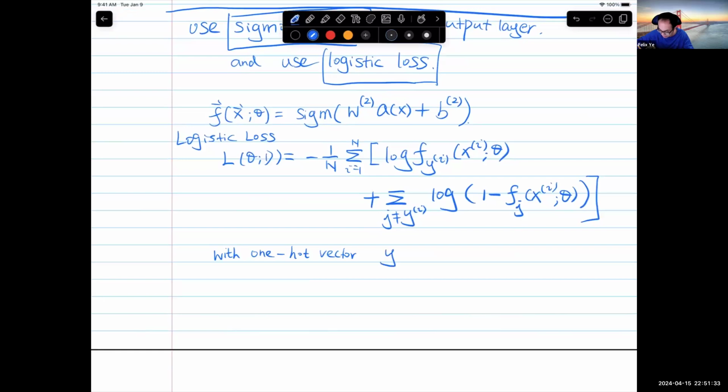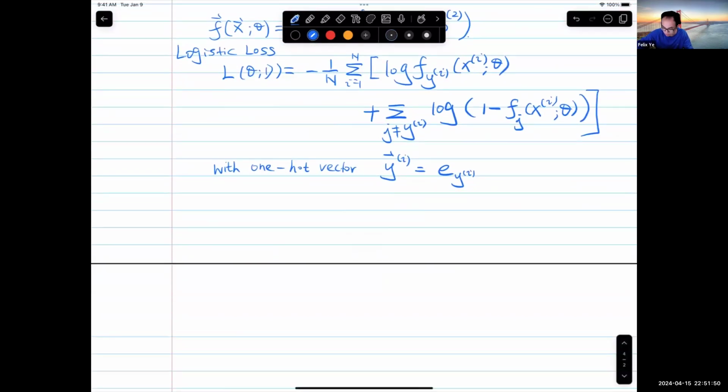That y_i as a vector is the standard vector of y_i. Then this can be written in an even more compact form.